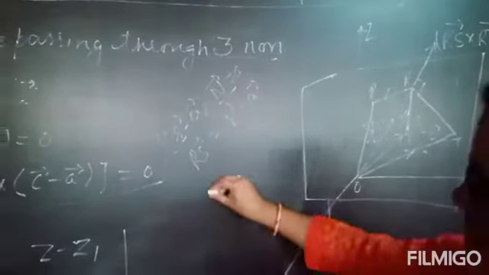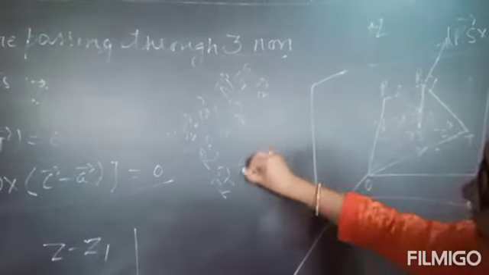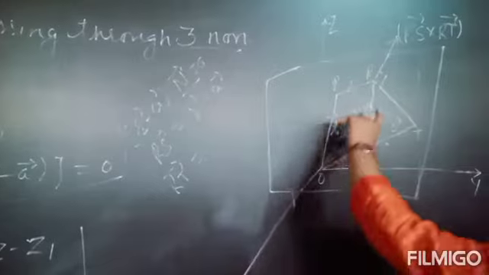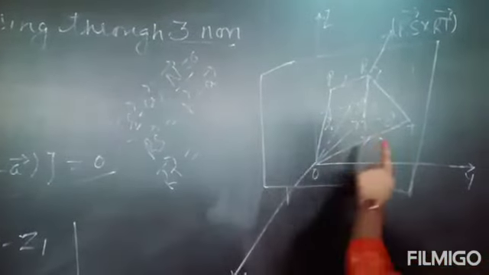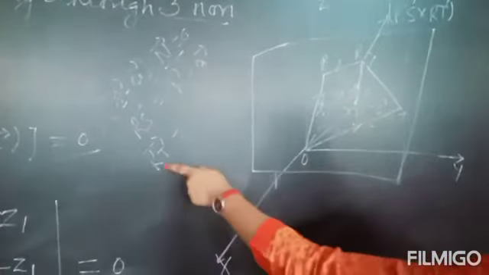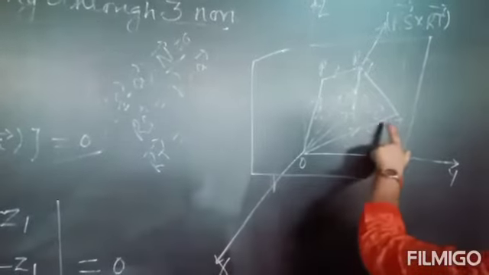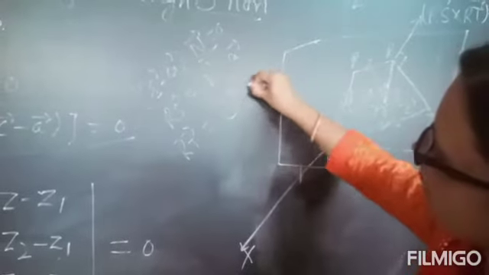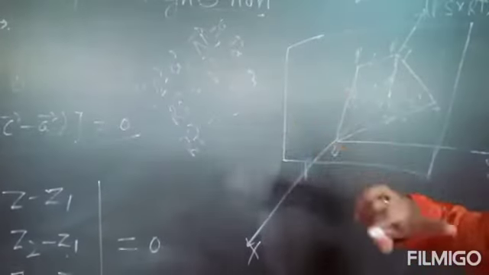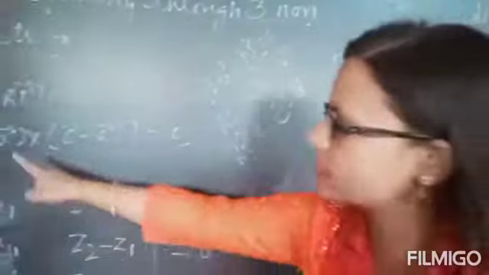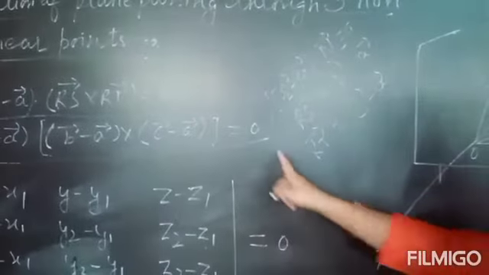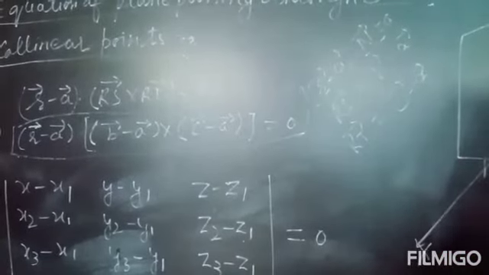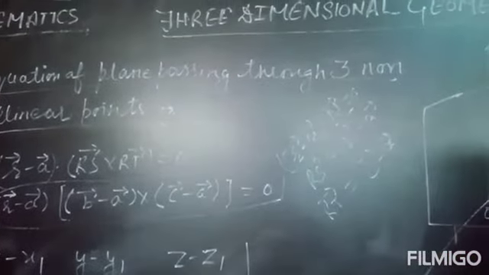In case of RT vector, the position vector of T is C and of R is A, so we write T minus R, that is c minus a. On putting the values of RS and RT vectors, this equation is the vector form of the equation of a plane passing through three non-collinear points.